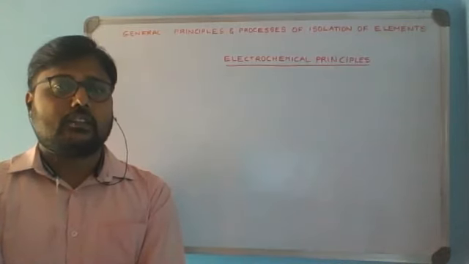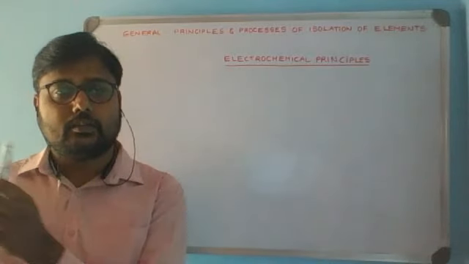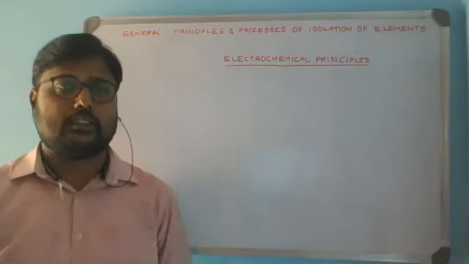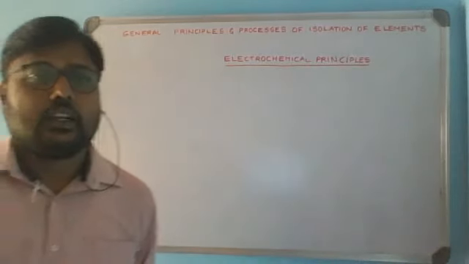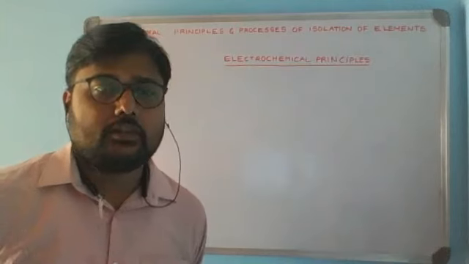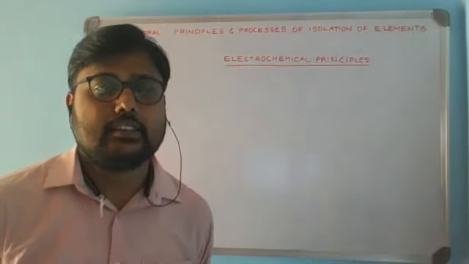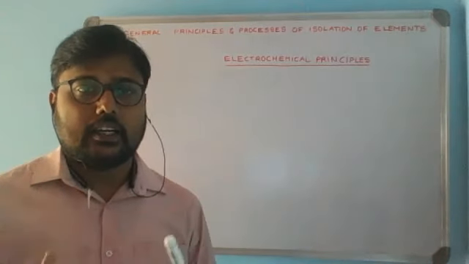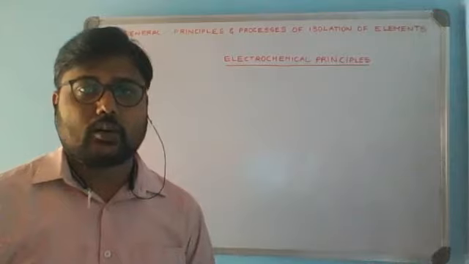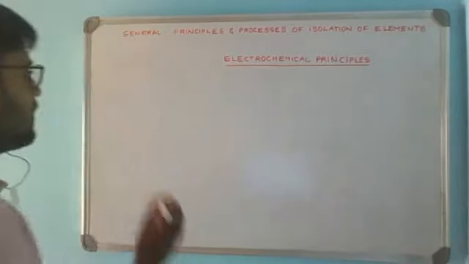There we learn two important processes: conversion from chemical energy to electrical energy with the help of devices, and with the help of electrolytic cells, electrical energy is used to bring about a chemical change. That electrolytic process, that is electrolysis, we will relate here in understanding the electrochemical principles.